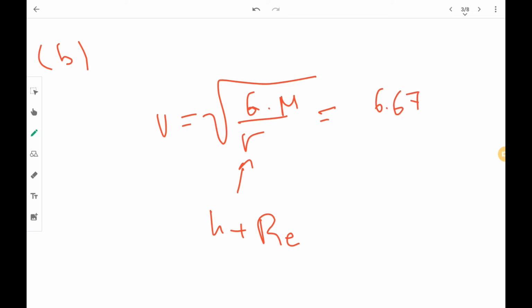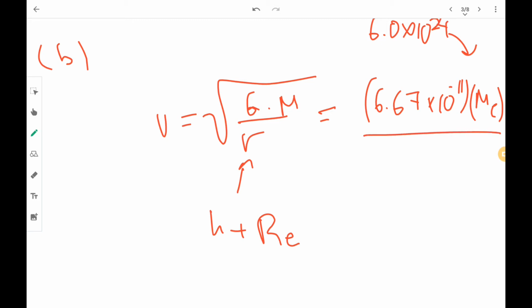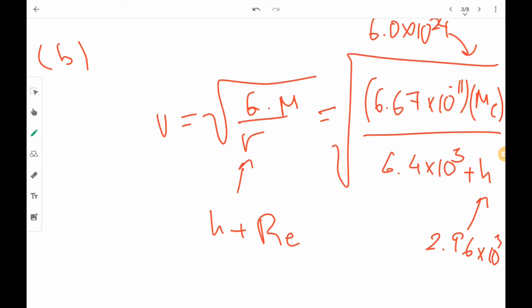So 6.67 times 10 to the power of minus 11 multiplied by the mass of the earth, this is 6.0 times 10 to the power of 24 kilograms, over the total radius, which is 6.4 times 10 to the power of 3, plus we got this h from part A, it is 2.96 times 10 to the power of 3, the root of all this, and you'll get the speed of the satellite, 6.54 times 10 to the power of 3 meters per second.